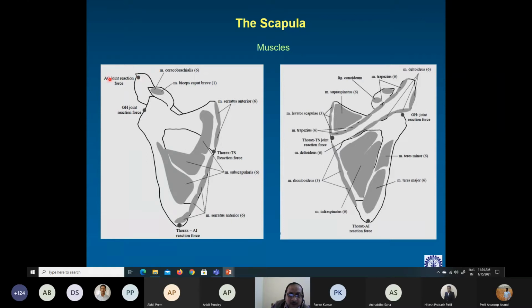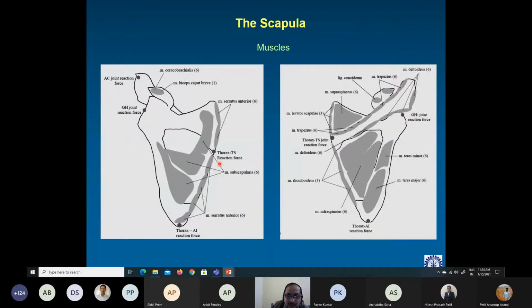The AC, the acromioclavicular joint reaction force, is marked here on the acromion. We have the glenohumeral joint reaction force because of articulation between the glenoid and the humerus. On the medial side and also more in the inferior side, we have 2 points which represent connection between the scapula and the thoracic cage.